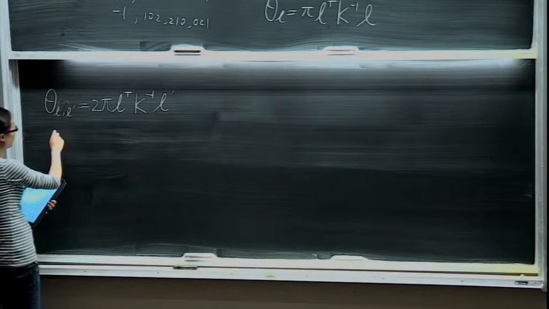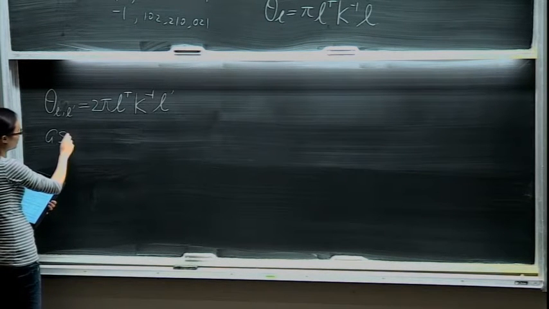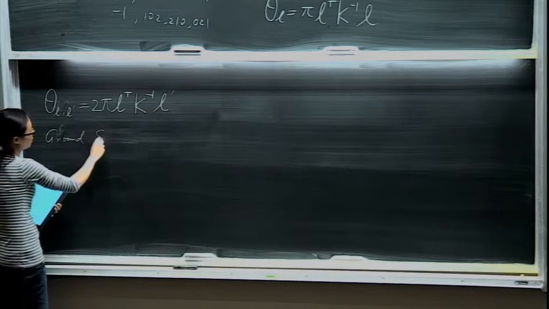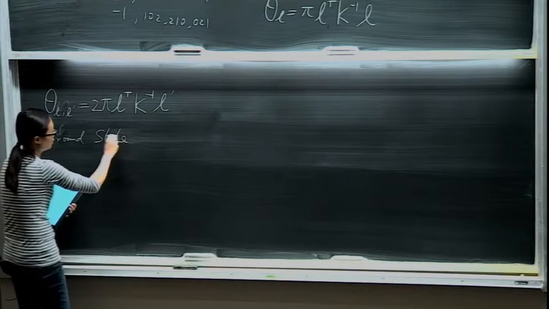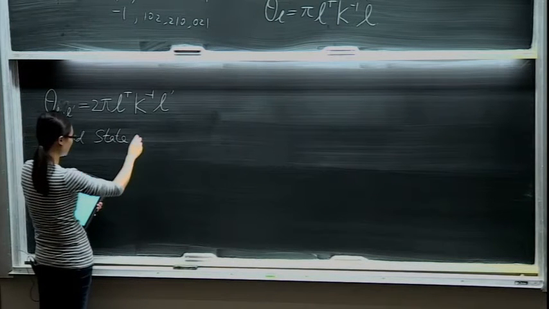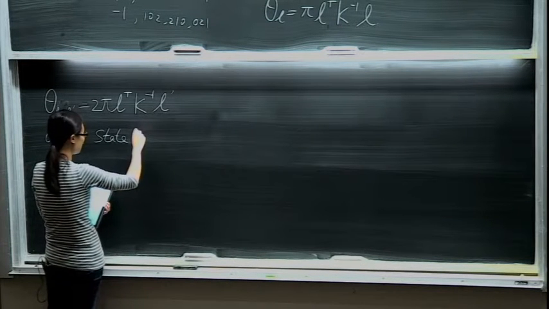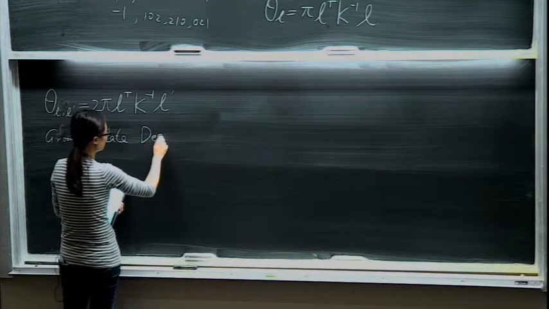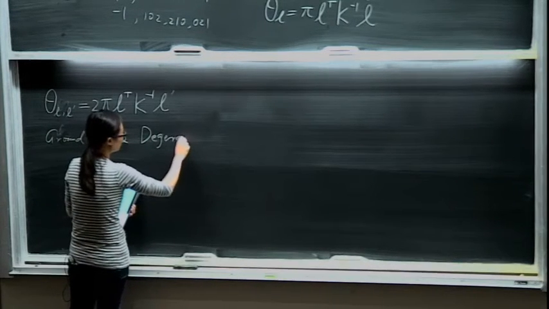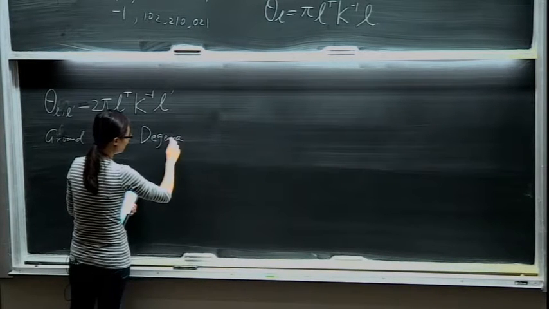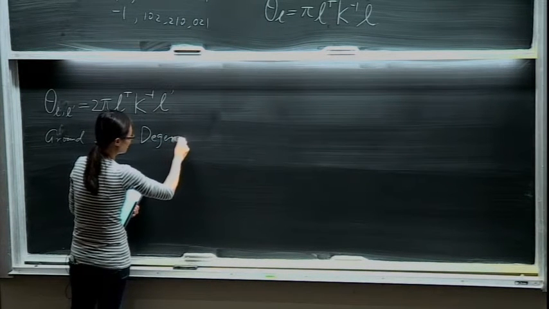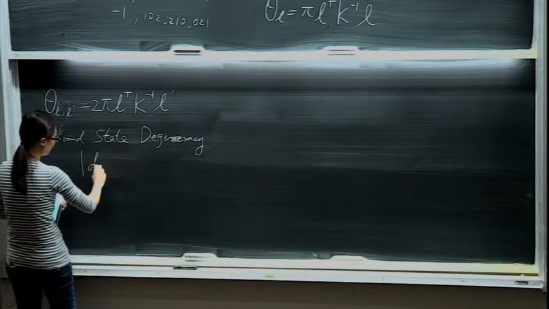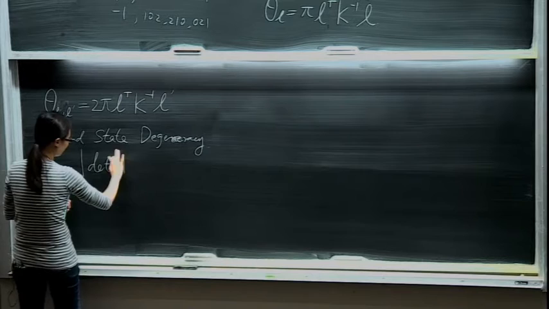Okay, and then the ground state degeneracy on a torus, or in equivalent terms, the number of species of quasi-particles, is given by the determinant of the K matrix.